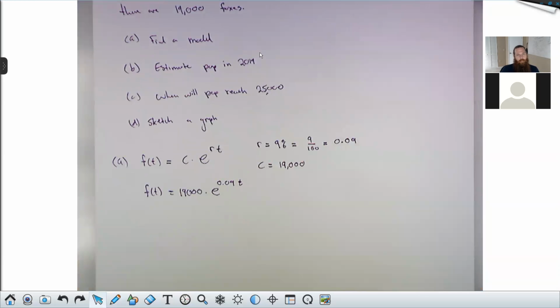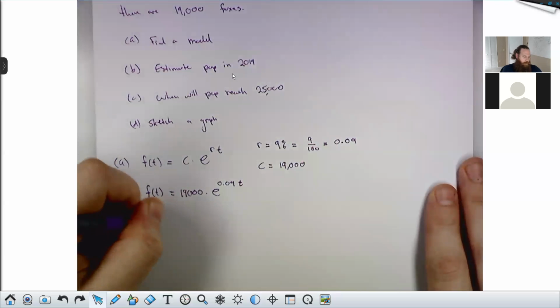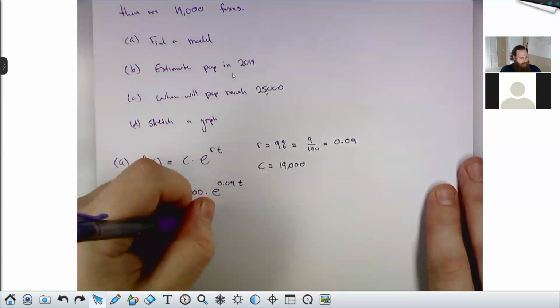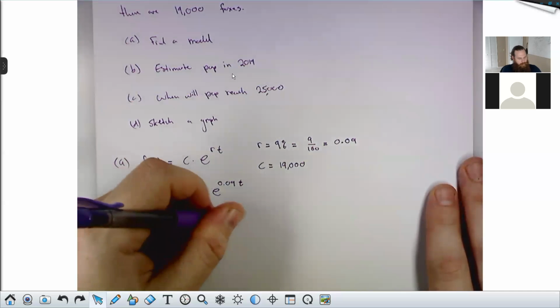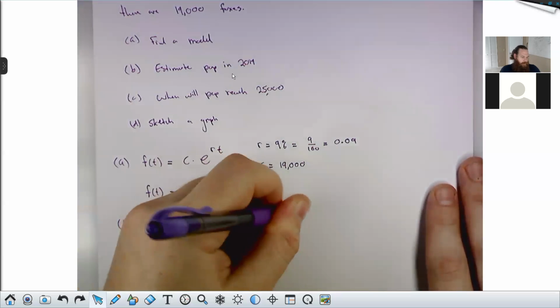In part B, I want to know how many foxes will there be in 2019. Well, 2019 is 6 years after 2013.